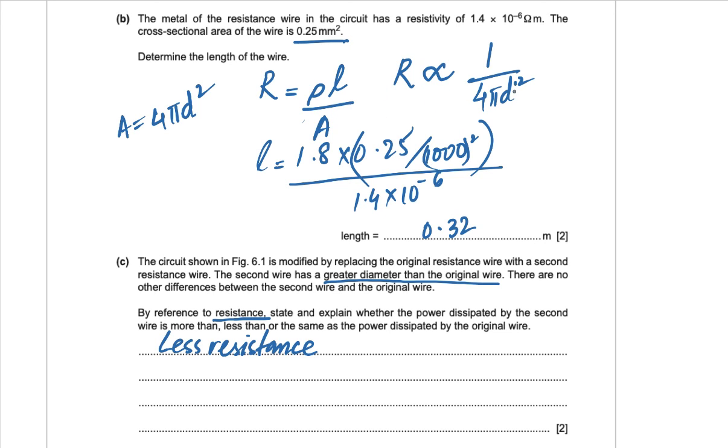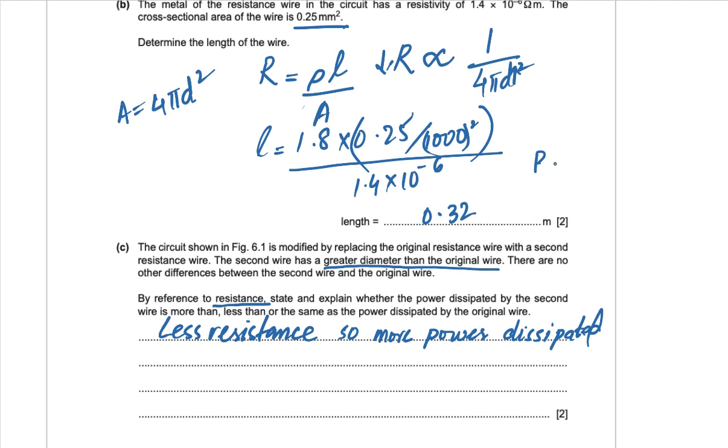So a greater diameter means much less resistance, and less resistance means that your power dissipation would increase. Because according to the formula, P is equal to V squared over R, P and resistance share an inverse proportionality relationship. So when resistance is decreased, your power dissipation will increase, while your EMF, or the power source, has a constant EMF.